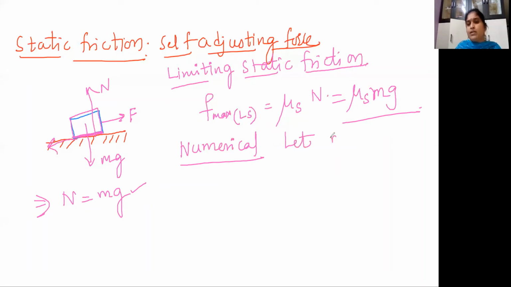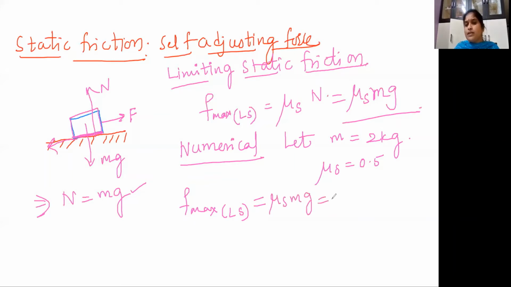Let the mass of the block be 2 kg and the coefficient of friction be 0.5. Then what would be its limiting static friction? We'll calculate. Limiting static friction is mu s mg, as we have just seen. So mu s is 0.5. Let's take g as 10 meter per second square.